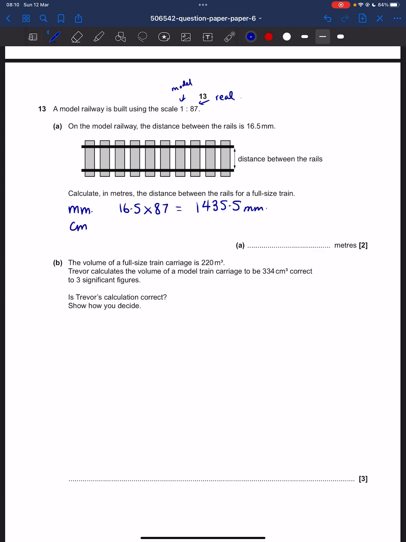So in centimetres, it's going to be 1435.5 divided by 10, because every 10 millimetres makes a centimetre. 143.55 centimetres. And then for metres, you do 143.55 divided by 100, because every 100 centimetres makes a metre. So it's 1.4355 metres.